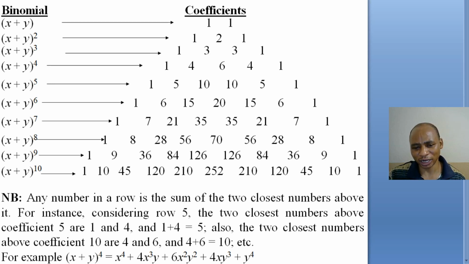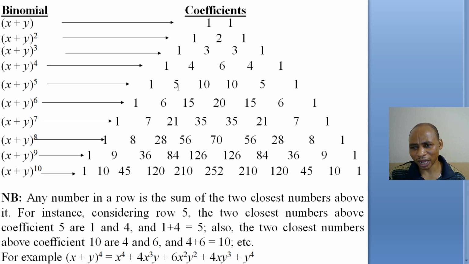And you must note that any number in a row is the sum of the two closest numbers above it. For example, if you take row 5, now let's deal with the coefficient 5.